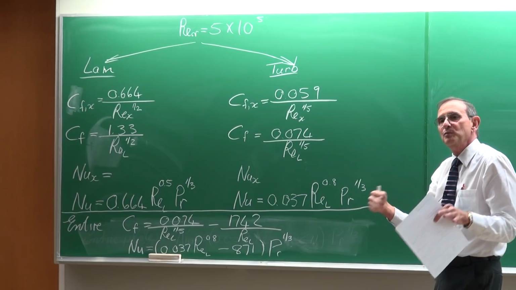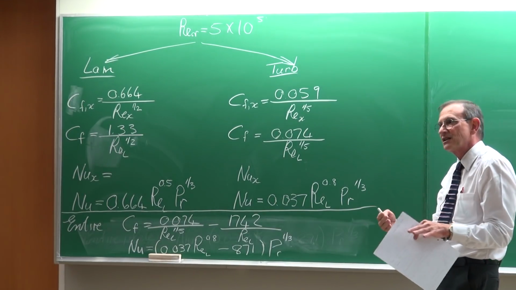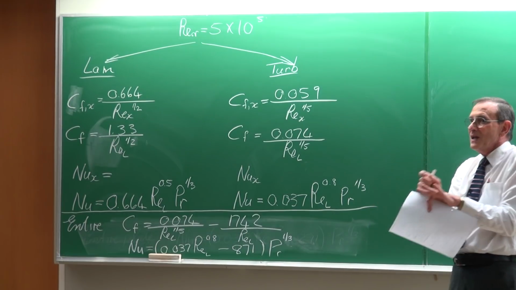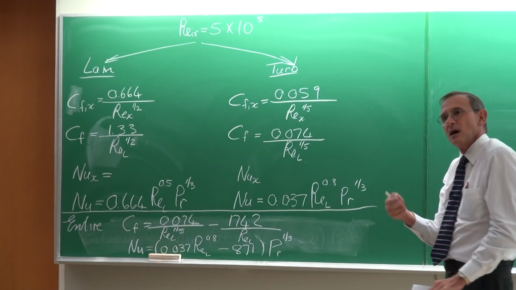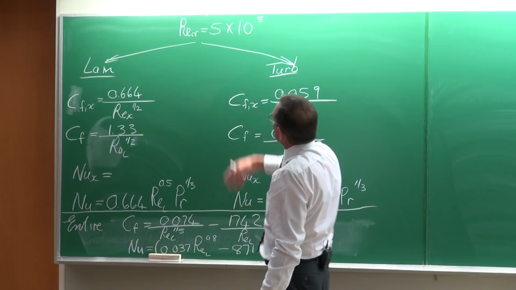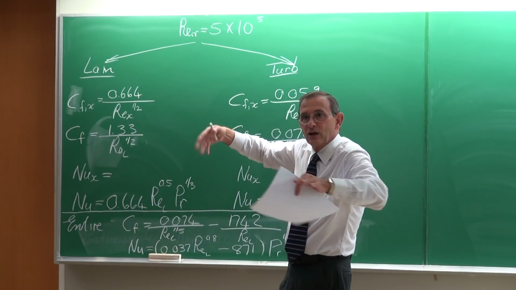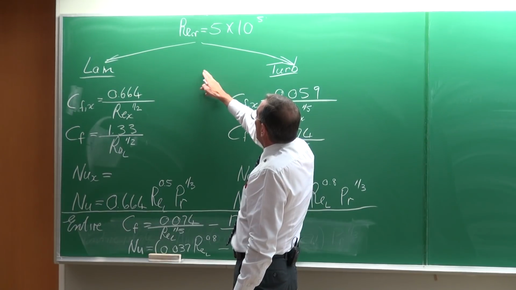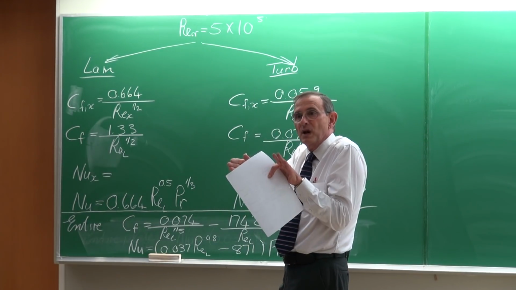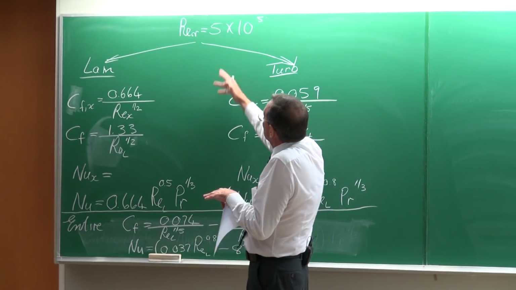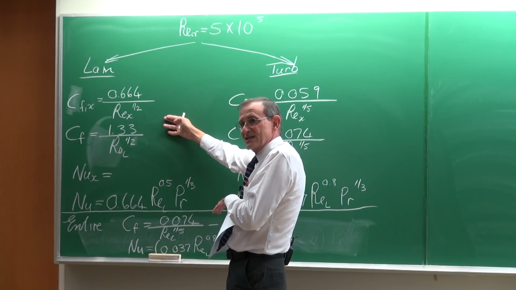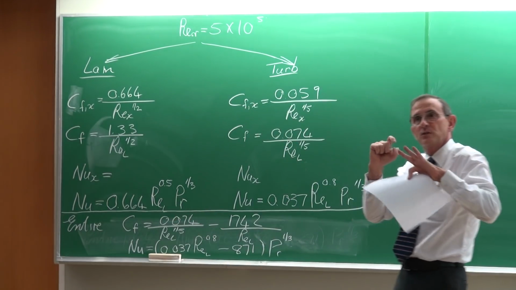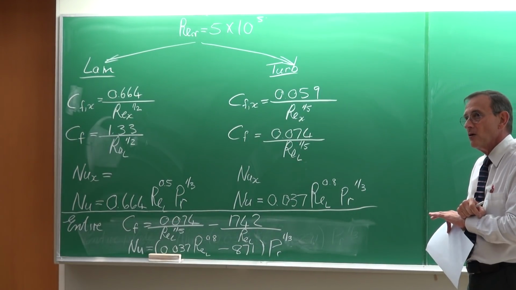Now, there cannot be a flat plate case without laminar flow, because at the leading edge, the Reynolds number is 0. So already you cannot get there, and just by moving on 0.5 of a millimeter, there the Reynolds number will exist. It will be a small value, and you will always have a first part which is laminar.